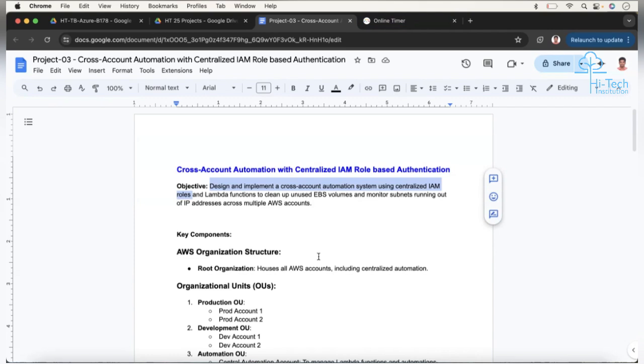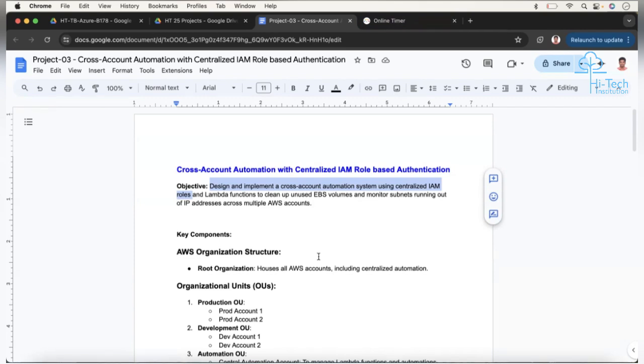Because from one account, your master account, you will be able to easily authenticate other accounts also. Even if you have 100 AWS accounts, you don't want to log in to each and every account one by one to get things done. Instead, from your master account, there is a functionality called cross-account automation.